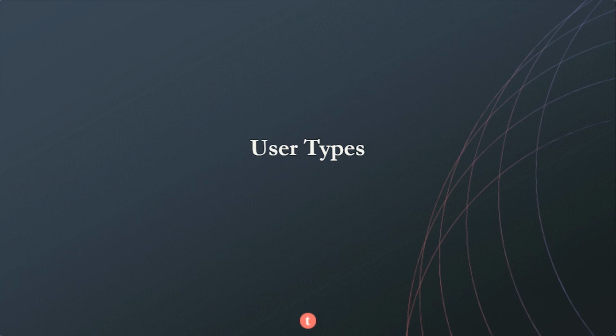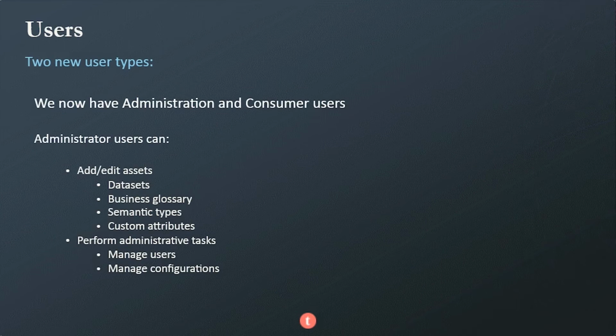And then user type. One of the things that we did recently is we've changed the user type. For those of you that are current catalog customers, we had just the one user type with the licensing. We now have two user types. We now have an administrator user type and a consumer user type.